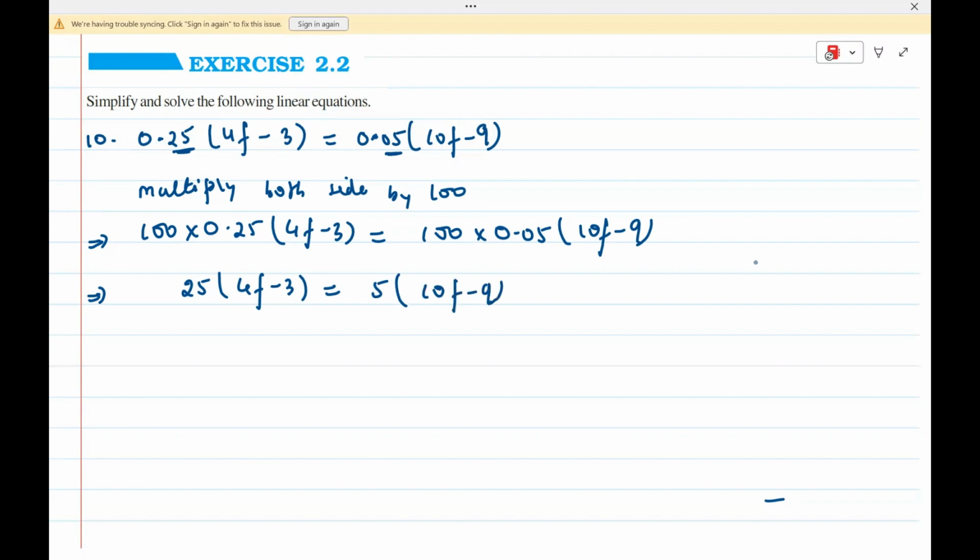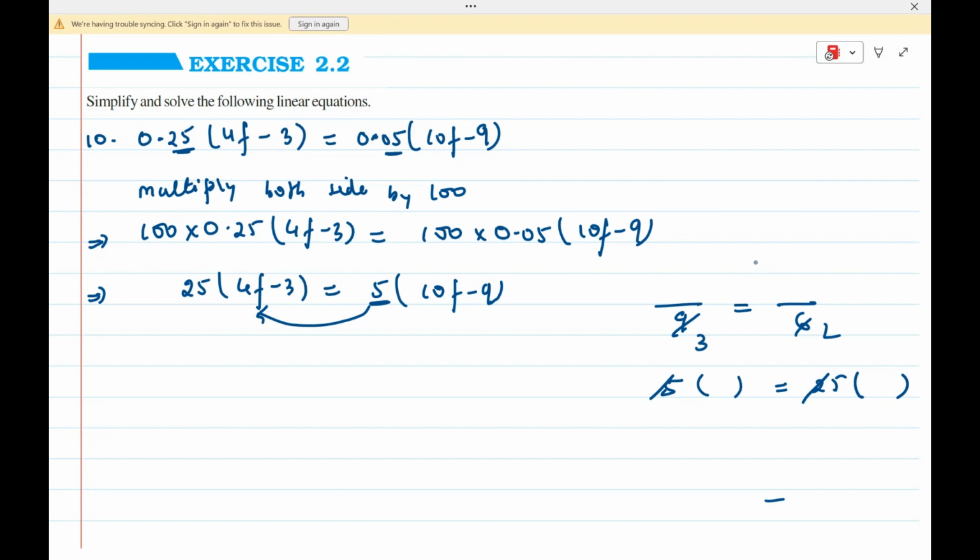As in the previous question, if equal to is there and both sides have the same number or a number which is a multiple, we can do the cutting. Even though there is a number like 5 here and 25 there, as is the case here, you can do the cutting because this 5 is in multiplication on the other side.